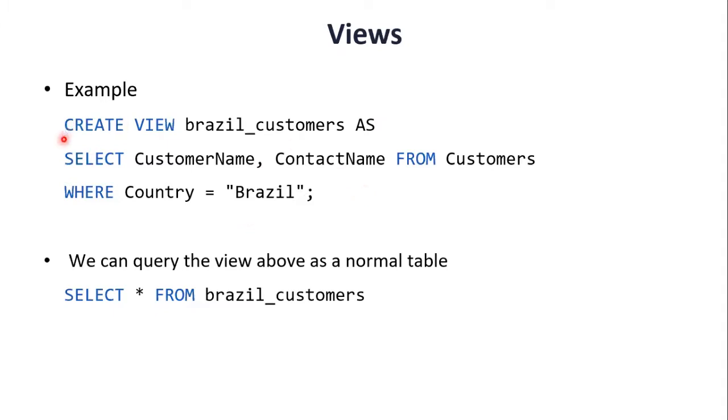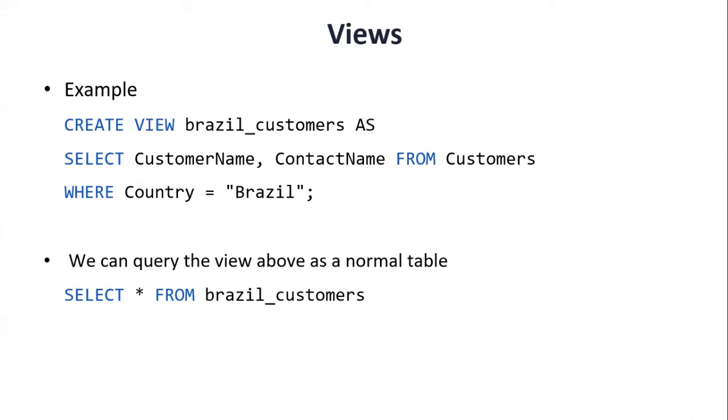What we have done using this create view command is that this result set is now created as a virtual table or a view, and it has the name Brazil customers. Later we can use this new view just like another table. If we want, we can query it like select all from Brazil customers.